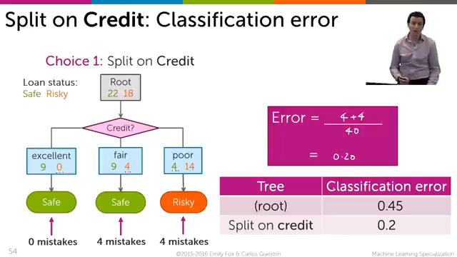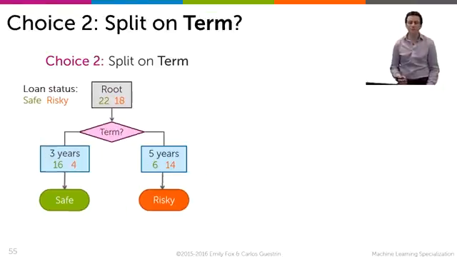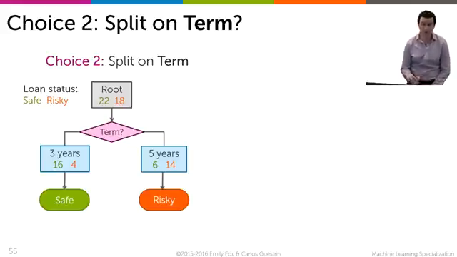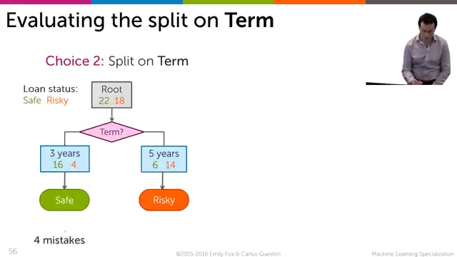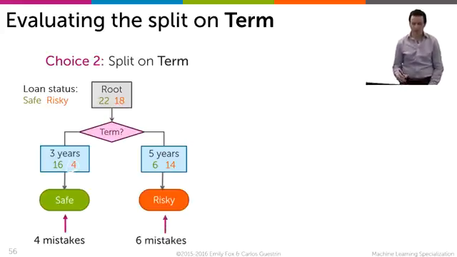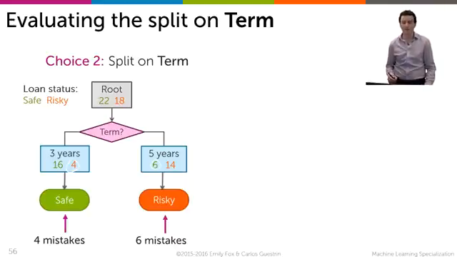Now let's see what happens when we split on term of the loan. When we split on term of the loan, if the term is 3 years, maybe there were 16 safe loans and 4 risky ones. So in this case, we're making 4 mistakes. And for 5 years, we predicted risky, but there were 6 safe loans. So now we're making 6 mistakes.